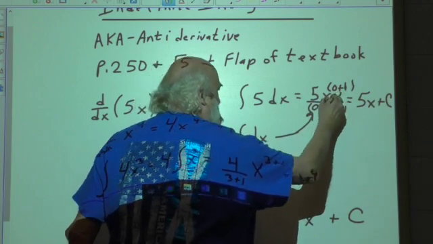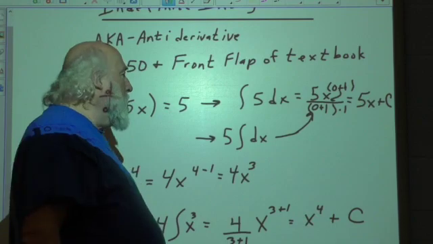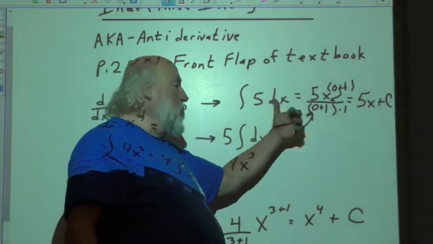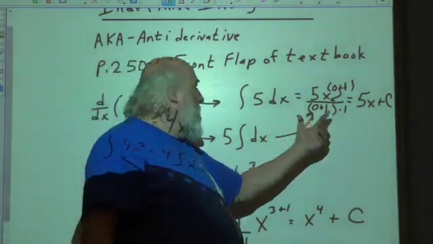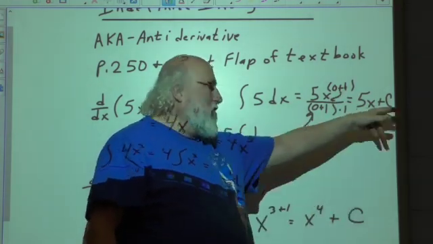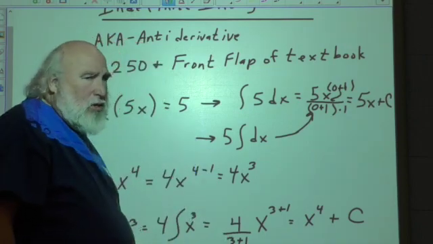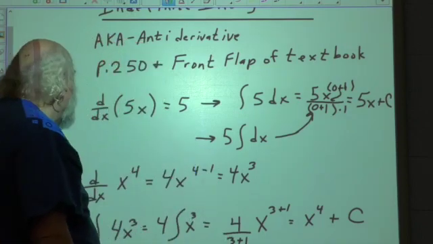So the exponent goes down here, kind of going backwards, and then it's going to multiply by the original denominator, which is 1, and that gives us 5x to the first power, which is 5x, plus that unknown number, the indefinite number, the uncertain number, c.